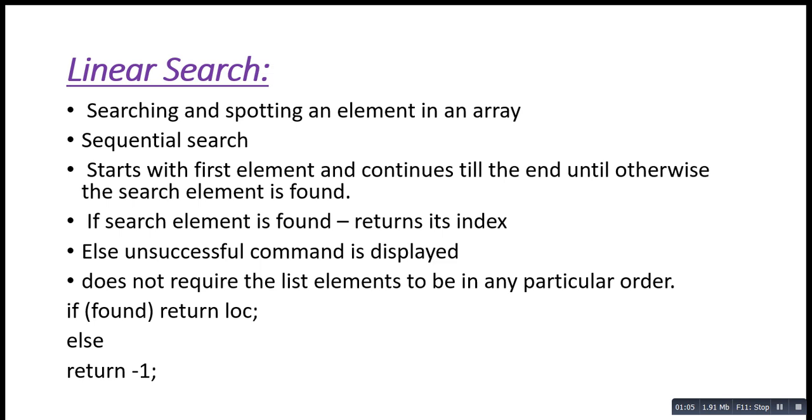If the number is found, its index or location is returned. Else, an unsuccessful message will be returned. Also note that sequential search does not require the list elements to be in any particular order. That means it's not necessary for the list to be sorted, that is, arranged either in ascending order or in descending order.